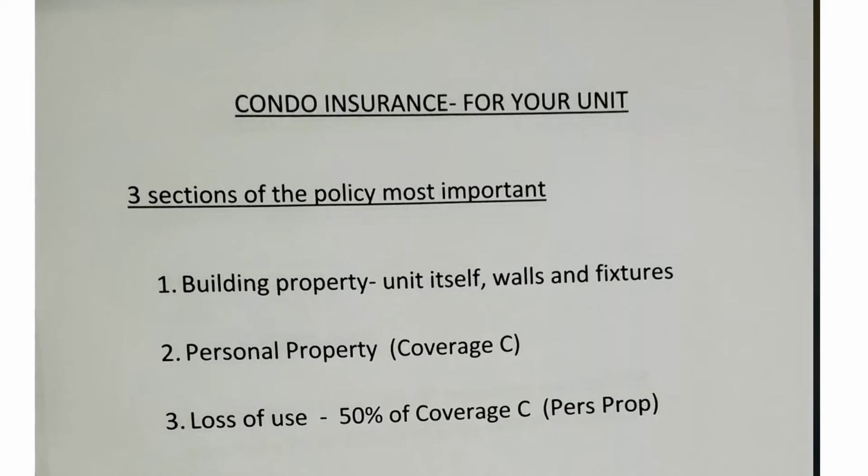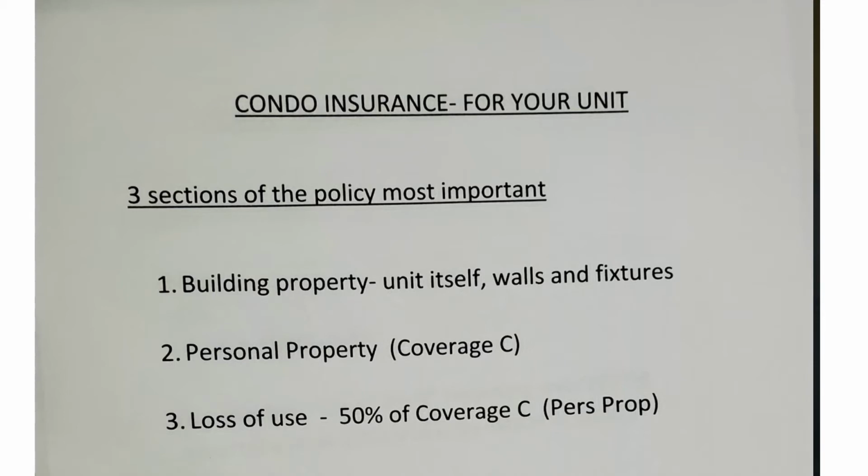So underneath Coverage C, this covers any personal property, electronics, things of that nature, furniture, loss of use. Normally that's 50% of Coverage C, which is the personal property.